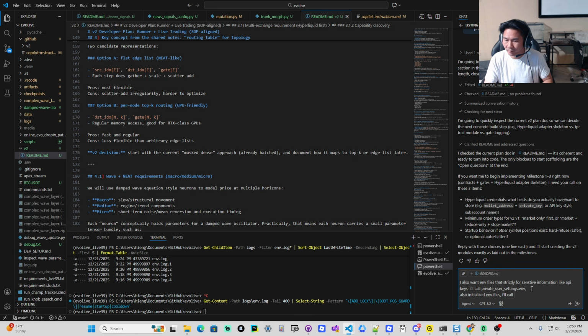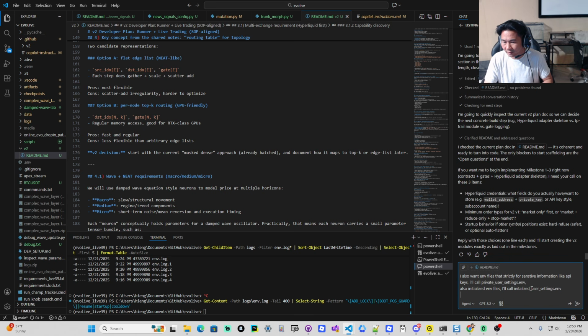Call it initialize user settings env, and also hot swappable env files. That way, if anything's changed, it'll call it from these separate files.